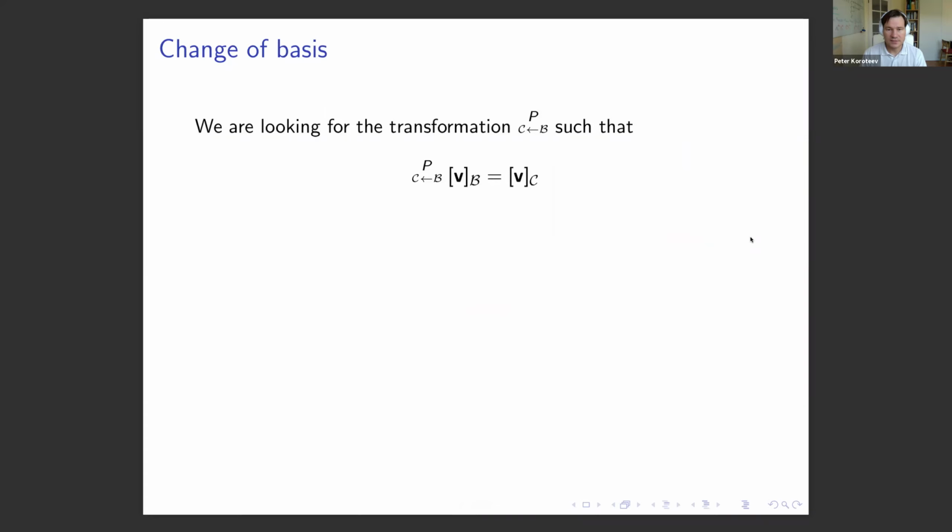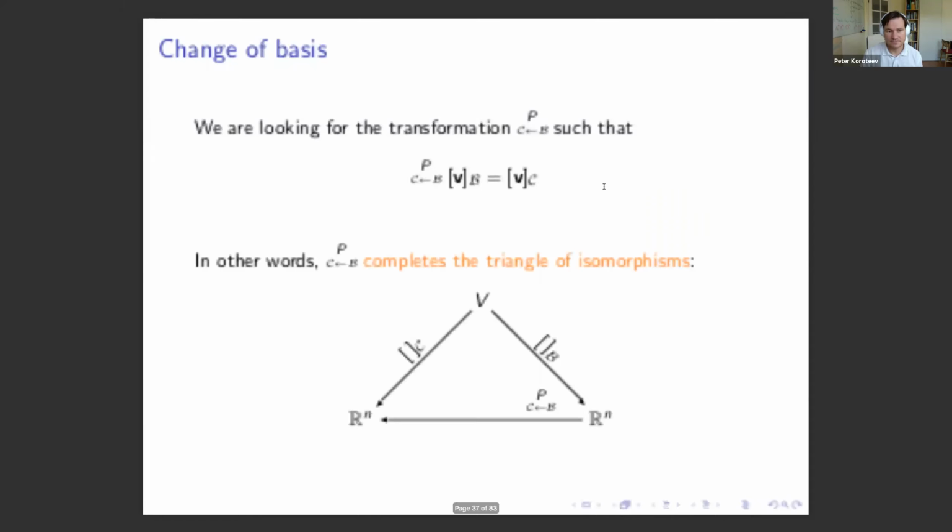We're looking for a transformation, which will be denoted with the symbol P_{B to C}, such that this transformation applied to the image of the vector v under the map in basis B is equal to v in basis C. So it will be a matrix acting on this string of expansion coefficients of the vector v, and we should get the expansion coefficients of the vector v in the different basis.